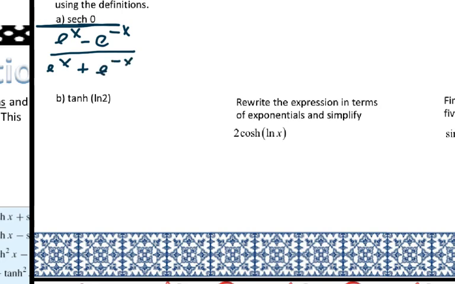That is the definition of tanh. What we're going to do is put natural log 2 everywhere there's an x. So we'll have e to the natural log of 2 minus e to the negative natural log of 2, all over e to the natural log of 2 plus e to the negative natural log of 2.